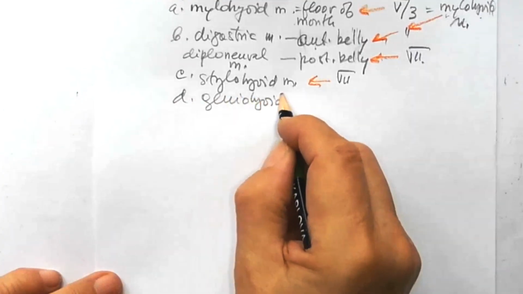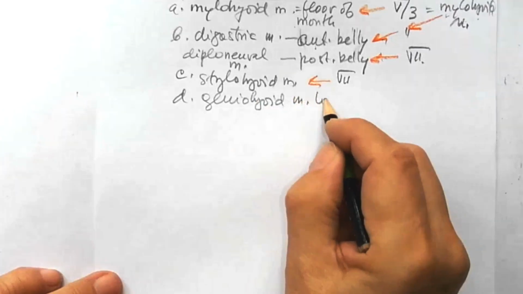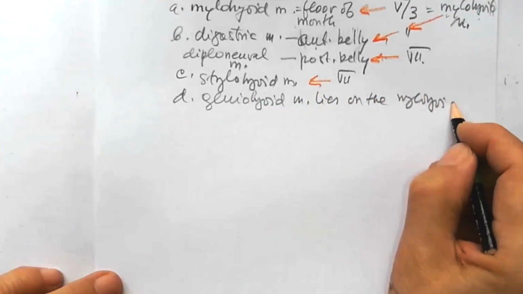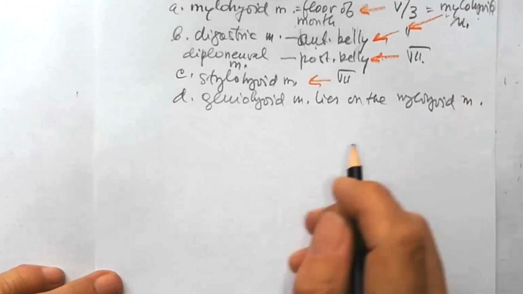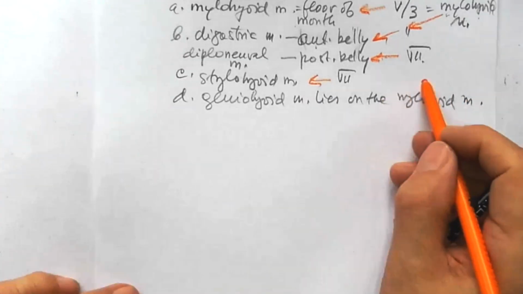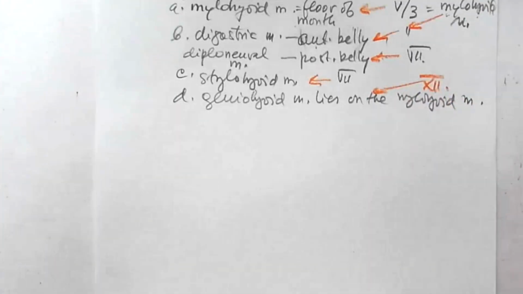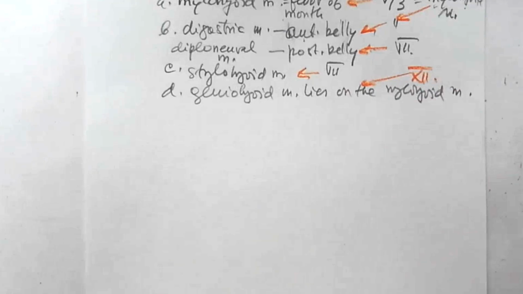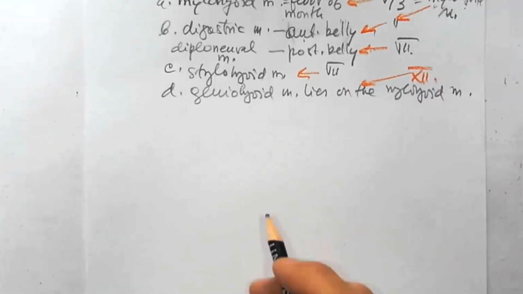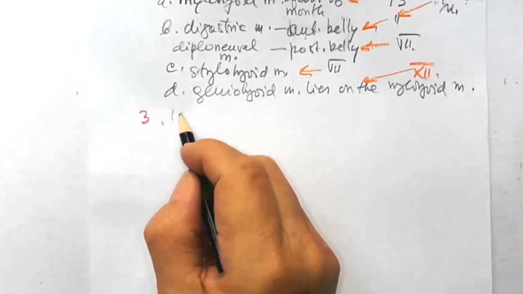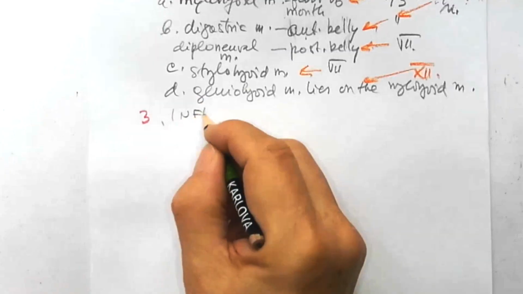Geniohyoid is the muscle which lies on the mylohyoid muscle, so forms also the floor and is innervated, take care, by nerve number 12. This is hypoglossus. So hypoglossus innervates the muscles of the tongue. The third group are the muscles, they are brothers, in fact, we call them infrahyoid muscles.